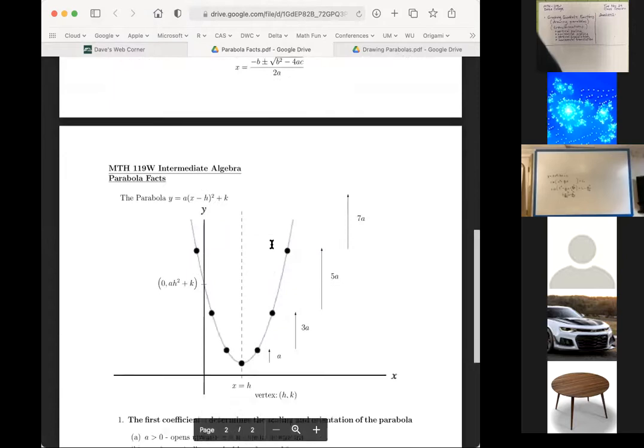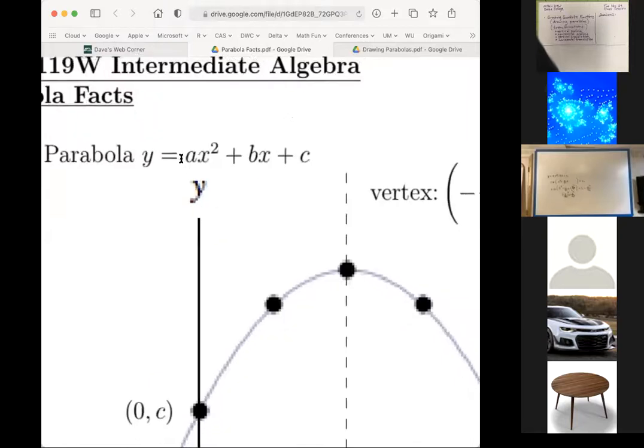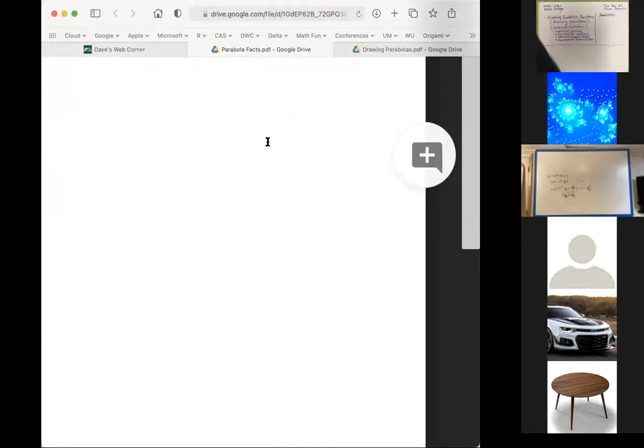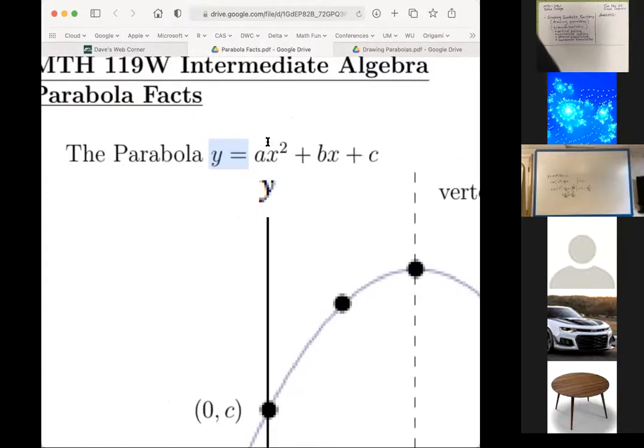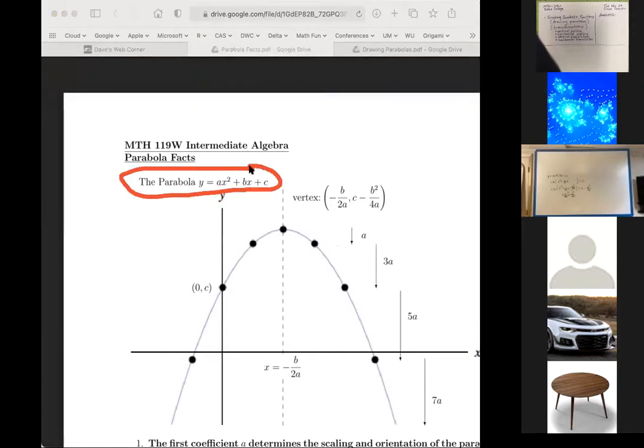These are parabola facts. And you could present the parabola in the form ax squared plus, whoops, it doesn't help for me to enlarge it on my side. Let me circle this. You could present the formula in what people call the standard form, which is ax squared plus bx plus c, in which case you identify a vertex quickly, and then you pick points on either side of the vertex to draw it.